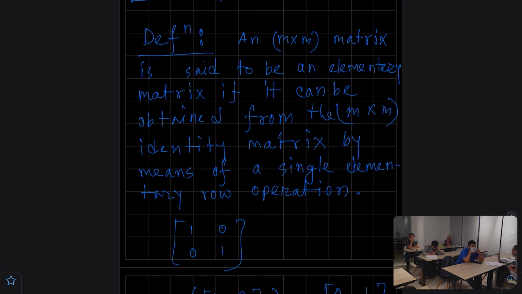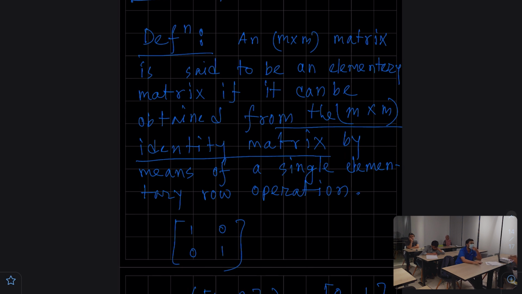If there is m cross m, that means square. That means it always has to be square? Why? In the definition, an m cross n matrix, does it need to be square? It is possible to define a matrix like this, but we are not interested in those matrices.